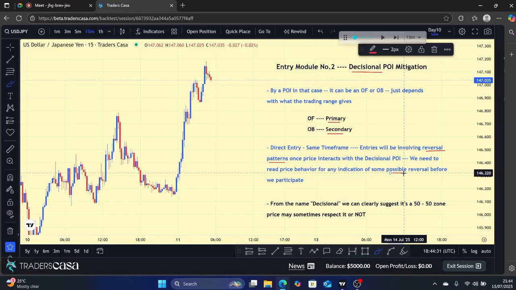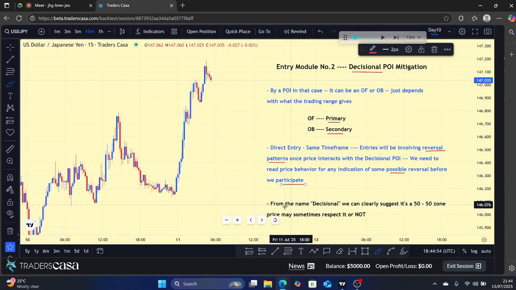Sometimes price may just pass through the order block as if there is no order block or POI, a point of interest, there. So we need to read the price behavior after price mitigates a decisional POI, and see if there is some possible reversal before we participate.